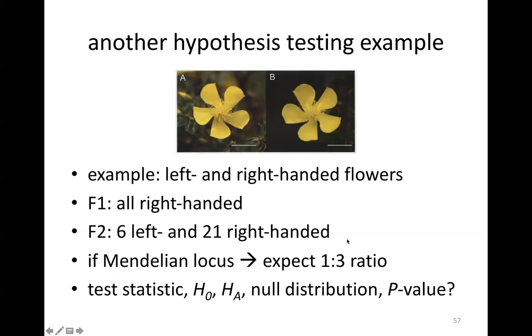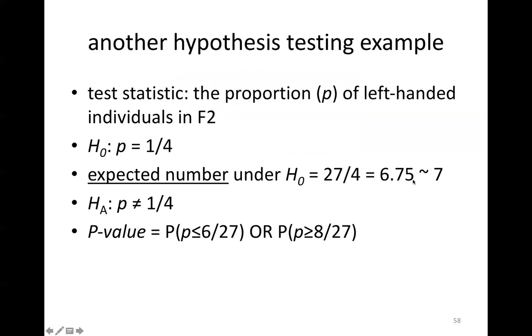So if it's 27, the expectation would be something like 27 over 4, 7 left-handed flowers and the rest right-handed. It's not an integer. And the alternative hypothesis would be that the proportion should be anything but 1 in 4.